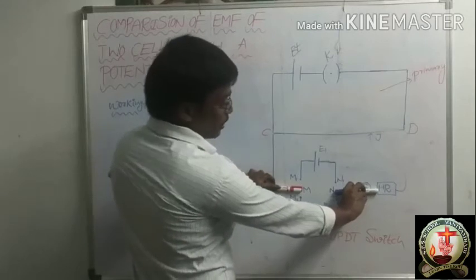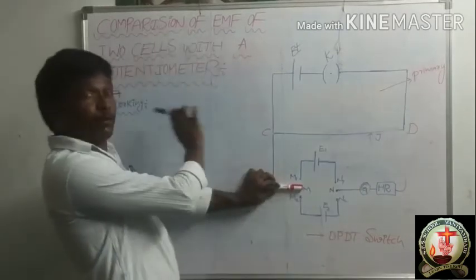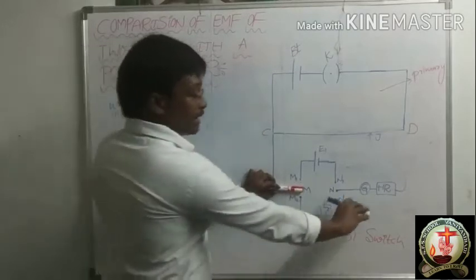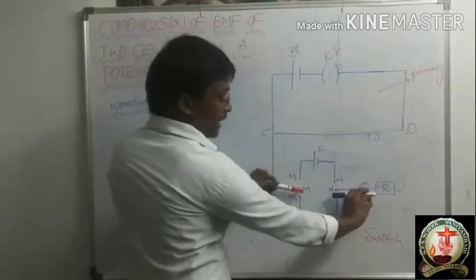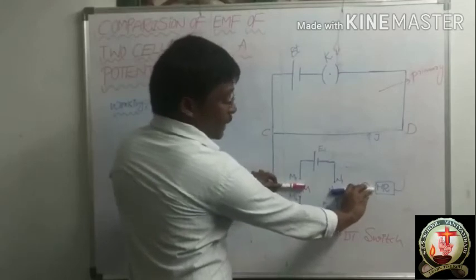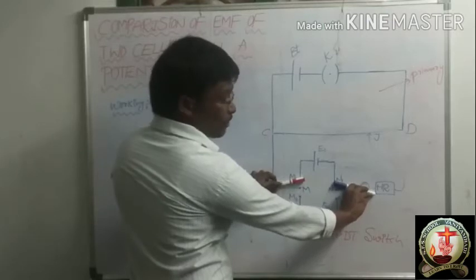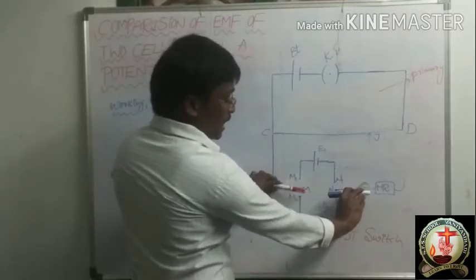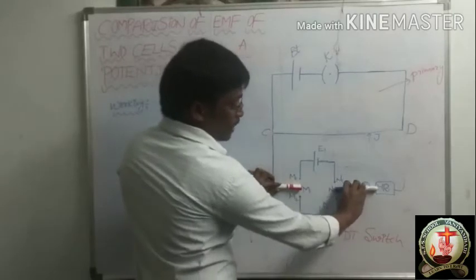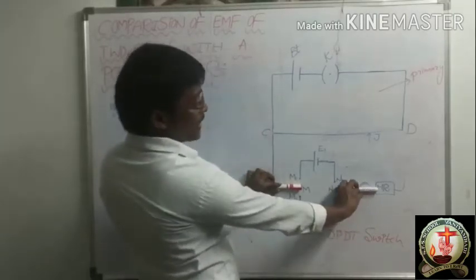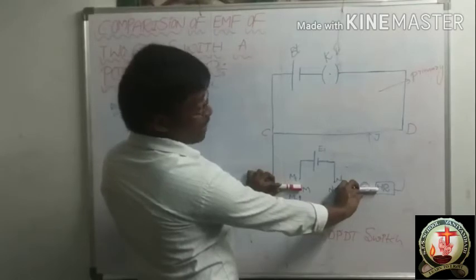In the first point of the working, I will press this DP-DT switch towards the terminals M1 and N1. This is the terminal M, this is the terminal N. I am pressing these two ends towards the M1 and N1 terminals.